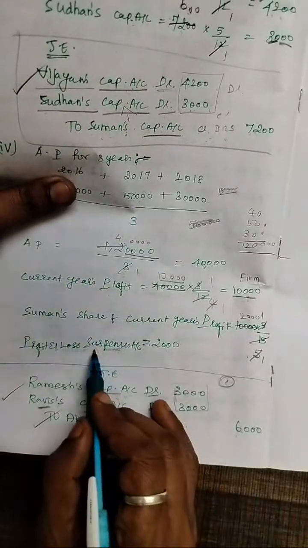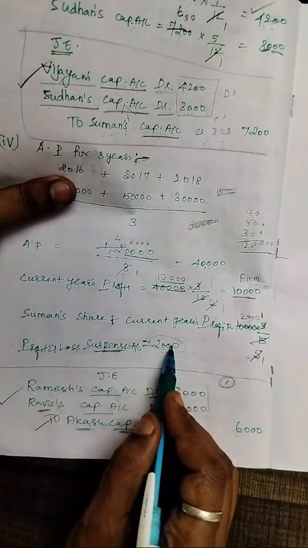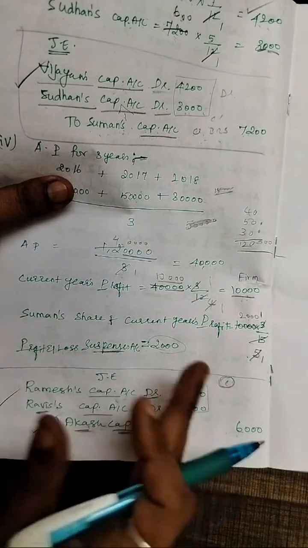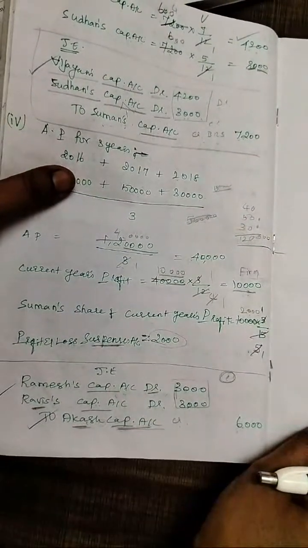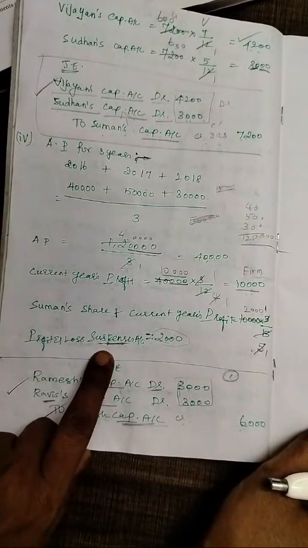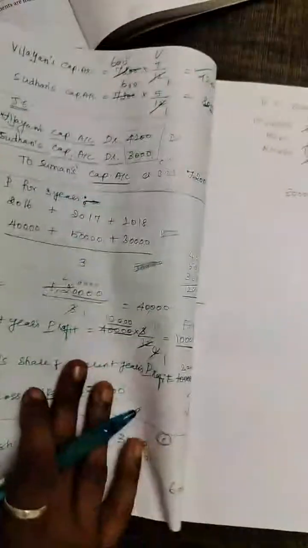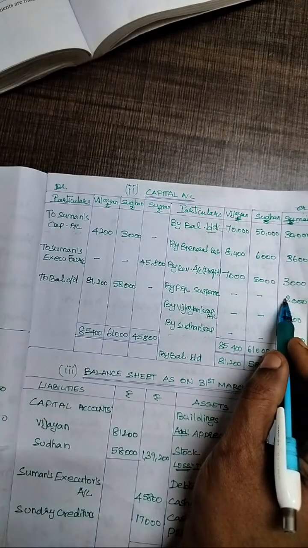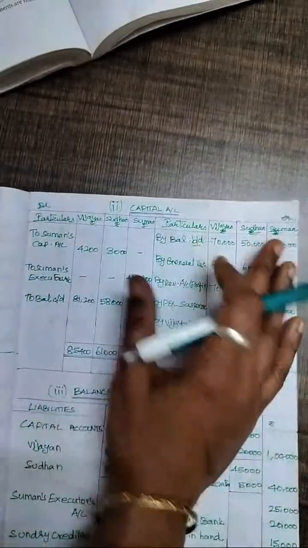So for that reason, we use the suspense account. The profit and loss of 2,000 rupees goes to the suspense account. The profit may be raised or reduced, and only after the end of the current accounting period do we know the exact profit of the firm. So we write the profit and loss suspense account 2,000 rupees in Suman's column of the capital account.